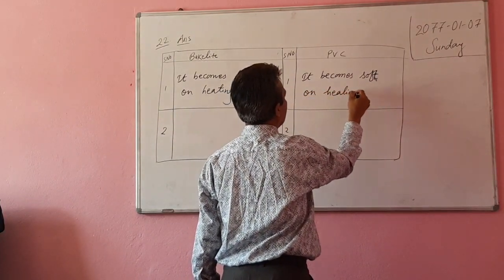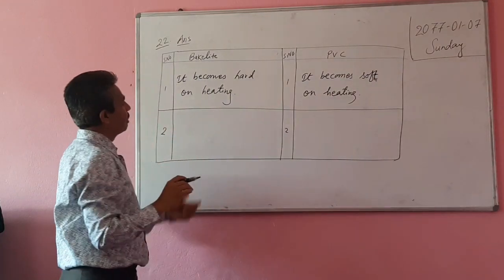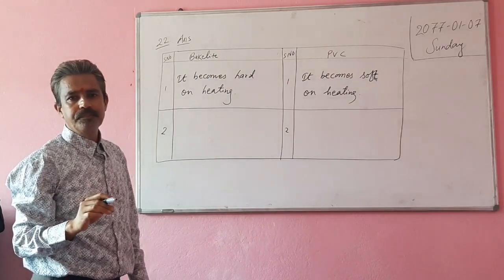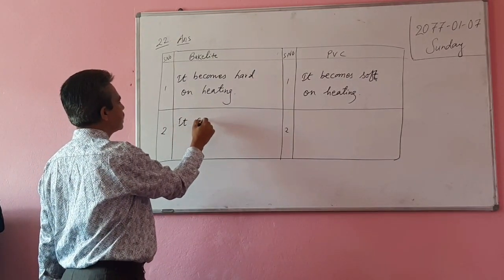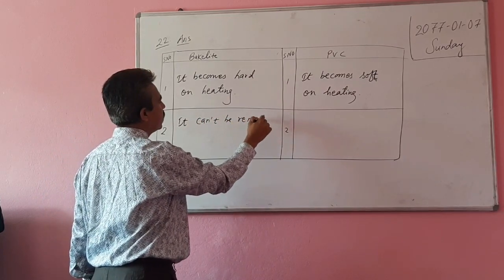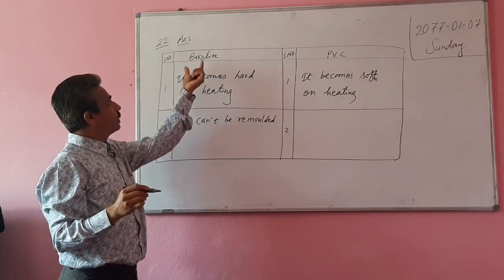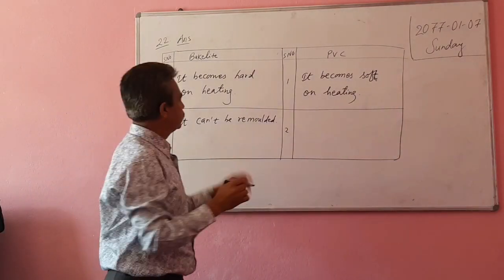See, hard and soft. Next one is, which can be remolded and which cannot be remolded. Yes, so bakelite can't be remolded. We cannot use bakelite again because it becomes hard, brittle and useless.